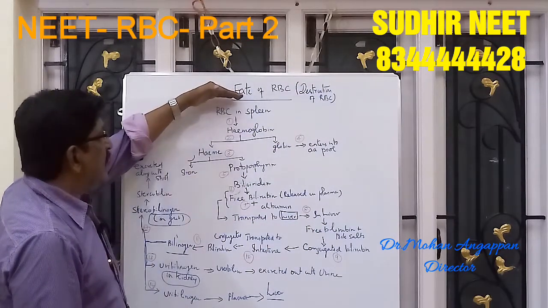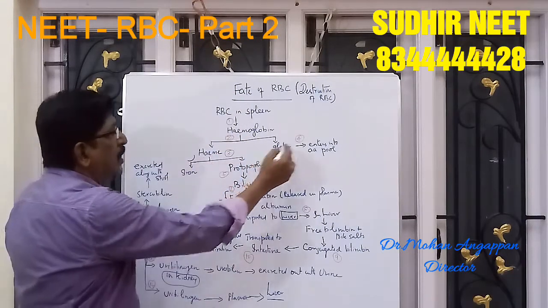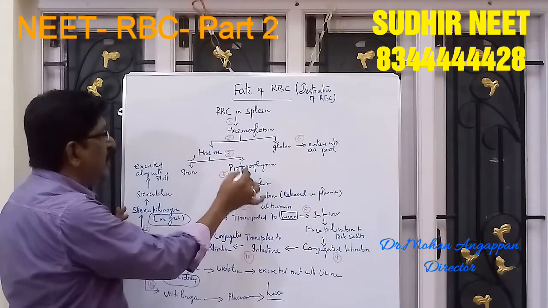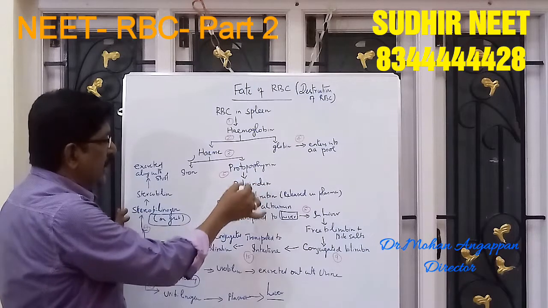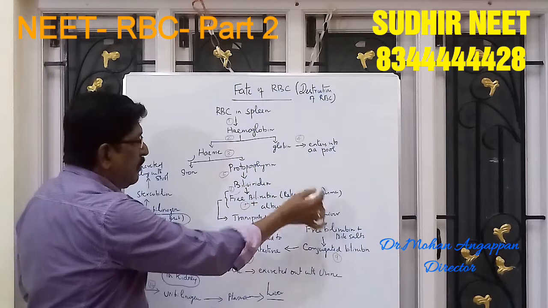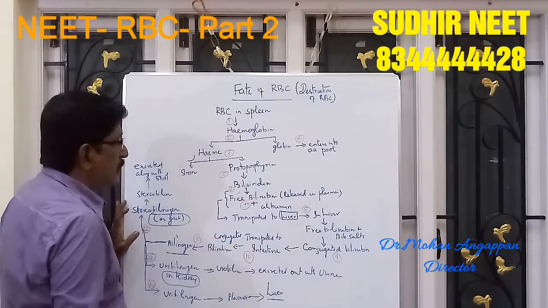So RBC goes to the spleen where hemoglobin is converted into heme and globin. Globin enters the amino acid pool. Heme is converted into iron and protoporphyrin. Protoporphyrin is converted into biliverdin and then into free bilirubin. This is released in the plasma where it is combined with albumin.